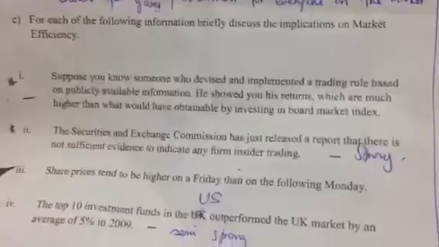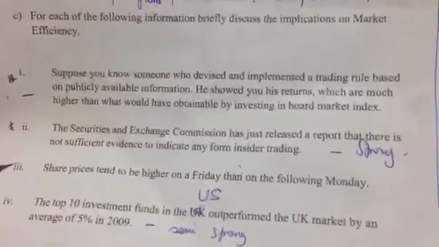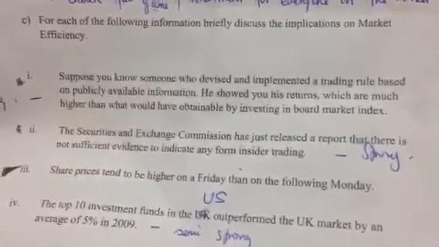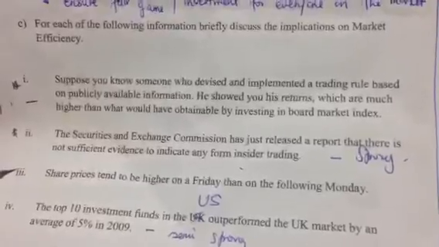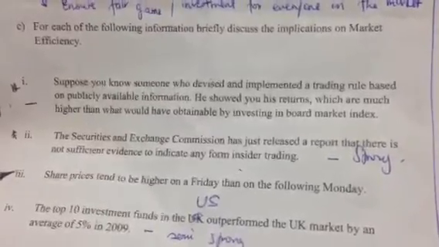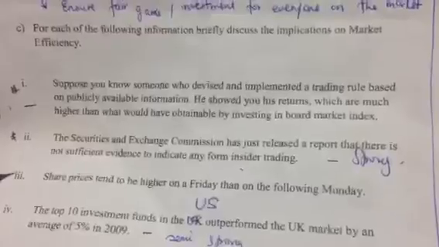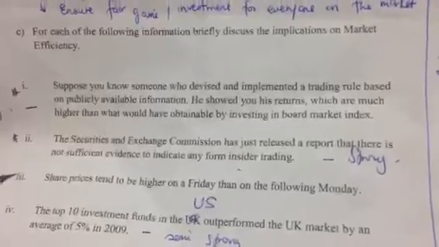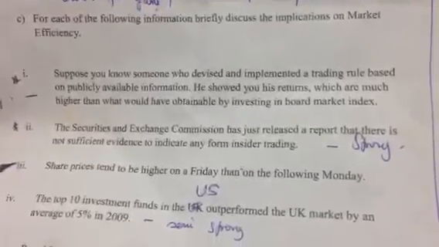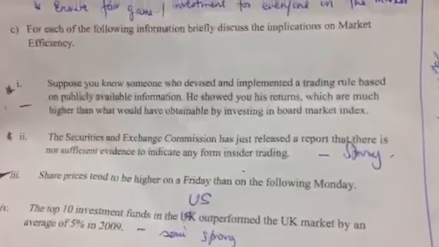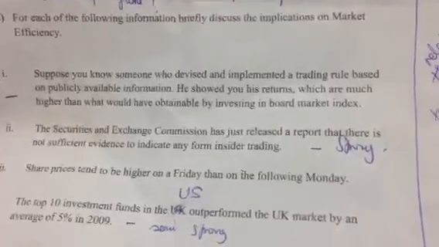Now we move on to the more tricky part, which is, for each of the following pieces of information, briefly discuss the implications on market efficiency. This is what we were highlighting in the explanation of the 3 forms of efficiency.